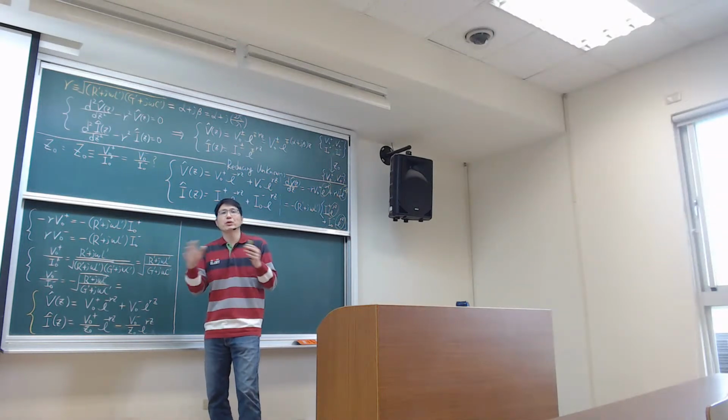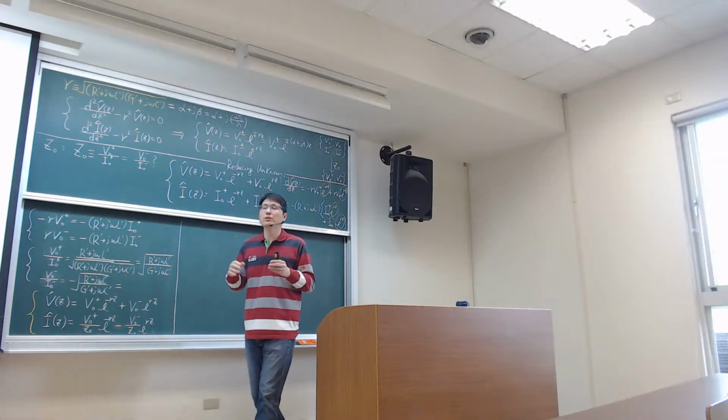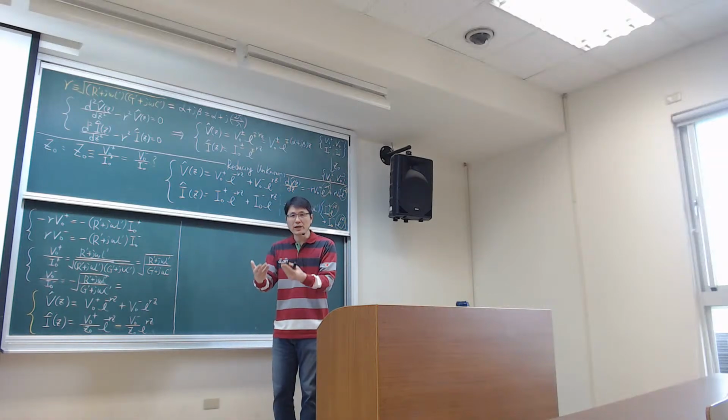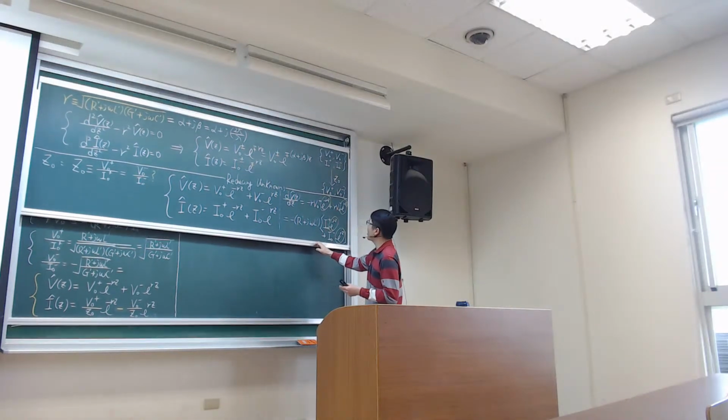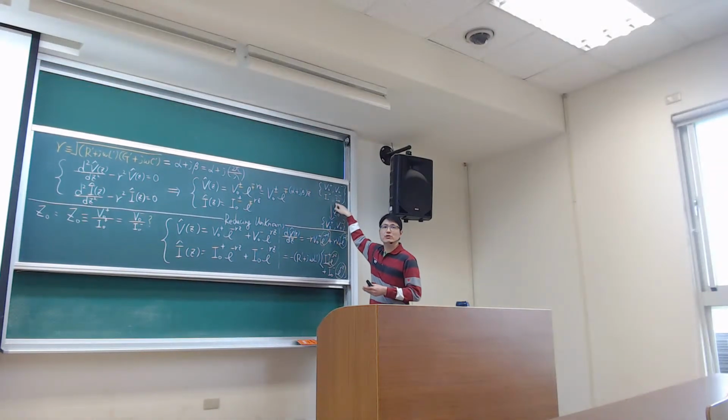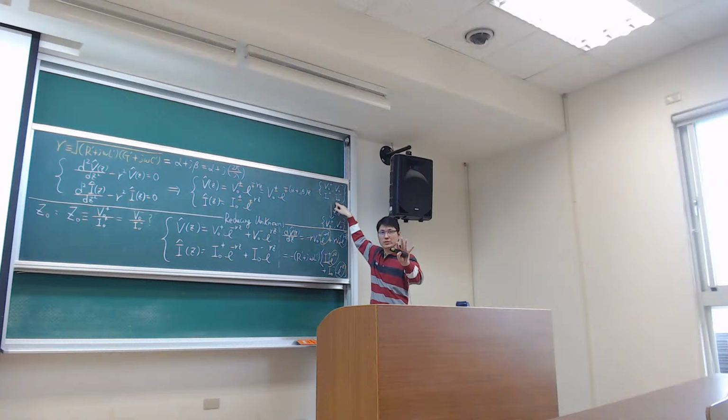So this is a very beautiful message. This is telling you after we take more detailed examinations, initially we thought we need to solve for 4 unknowns, but eventually we only have 2 unknowns to be solved.